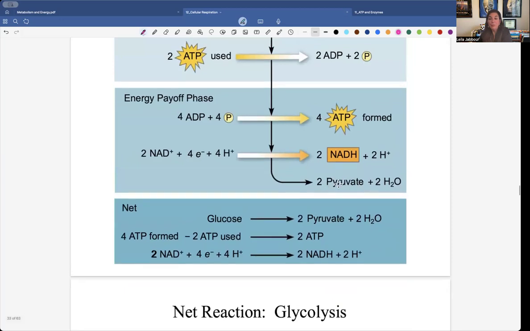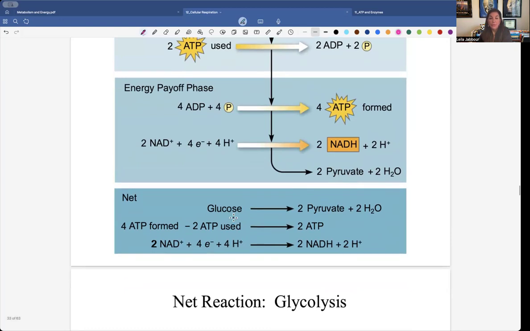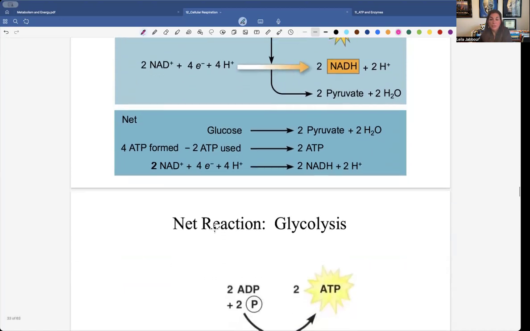And the pyruvate is the molecule that's going to go to the next part of the story. So the net use here is very important. Glucose turns into 2 pyruvate, and we have ATP and ADP formed in the process.